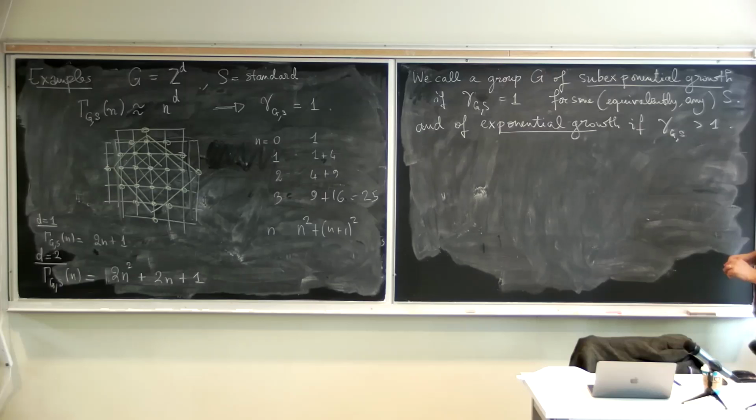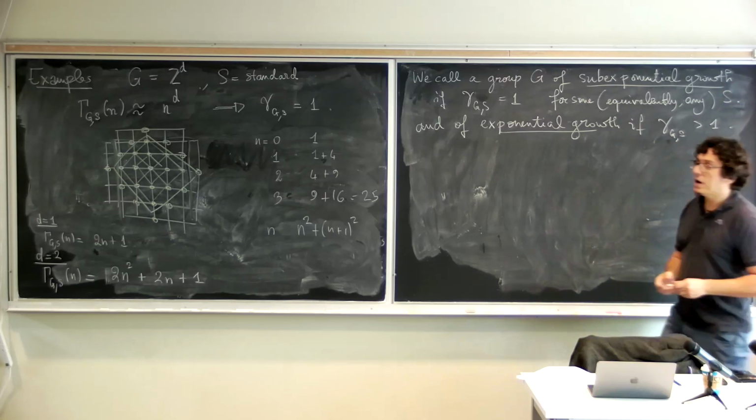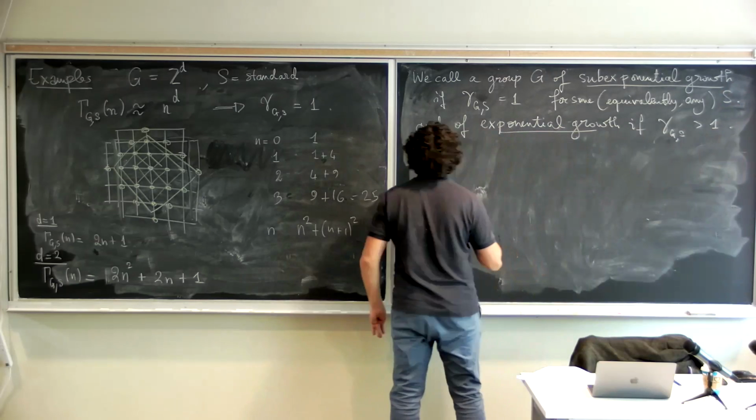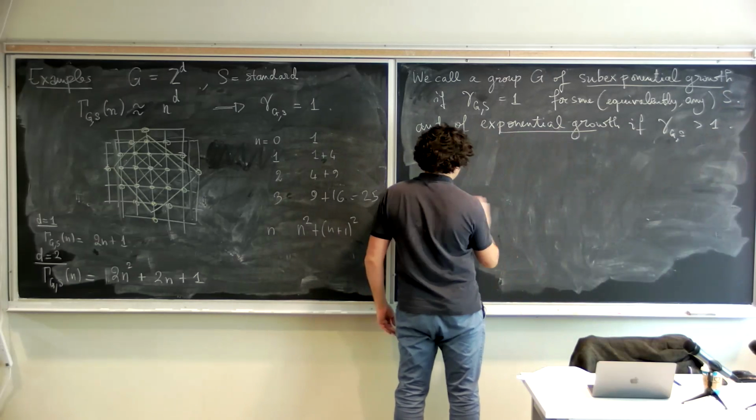If the group is finitely generated, this number is always finite, because the number of elements in a ball is at most the number of generators to the nth power. So this is always fine. But it's a good exercise to see that.